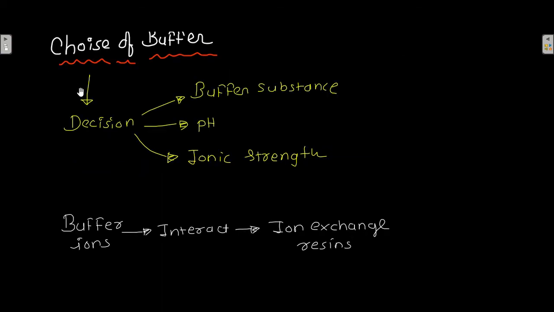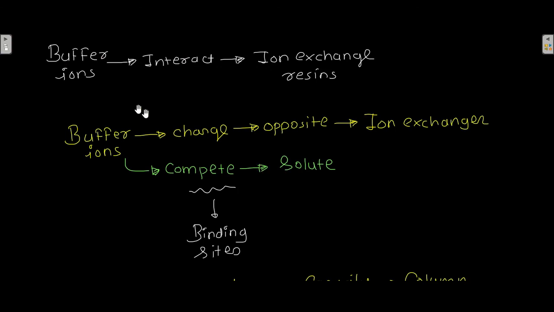Now let's talk about the choice of buffer. While choosing a buffer, you make decisions about the substances which are going to make up your buffer, then the pH of that buffer, and then the ionic strength of that buffer. These three decisions you make while choosing a buffer. Now the ions present in the buffer interact with the ion exchange resins.